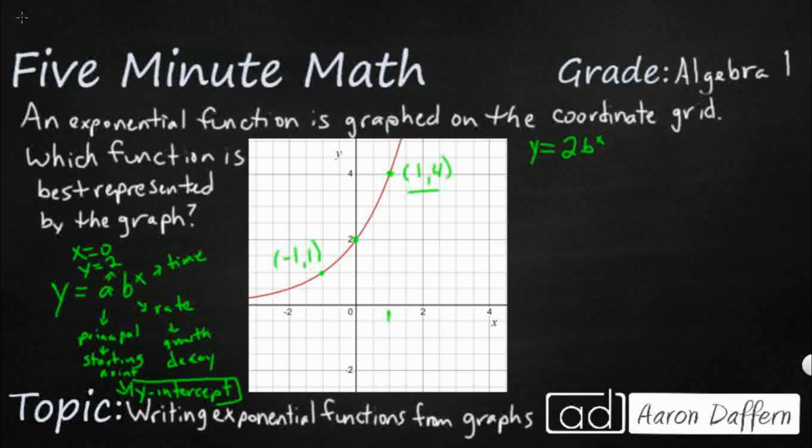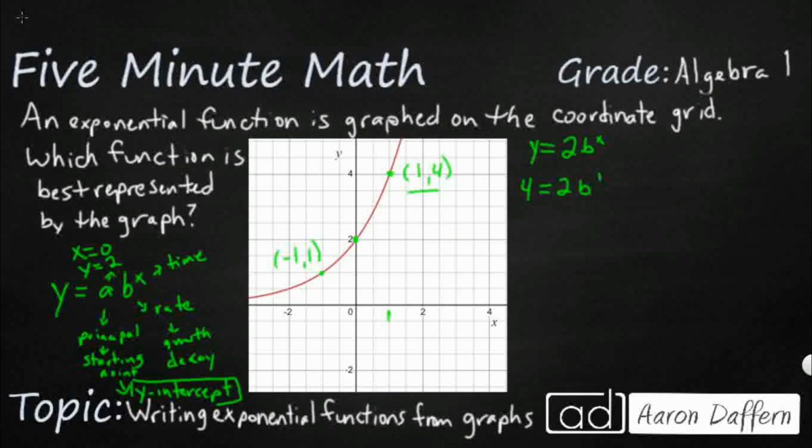So let's say our y, 4, equals 2 times b, and then that x is going to be 1. Well, what happens when we get anything to the power of 1? We need to know our exponential rules. Anything to the first power is just going to be itself.